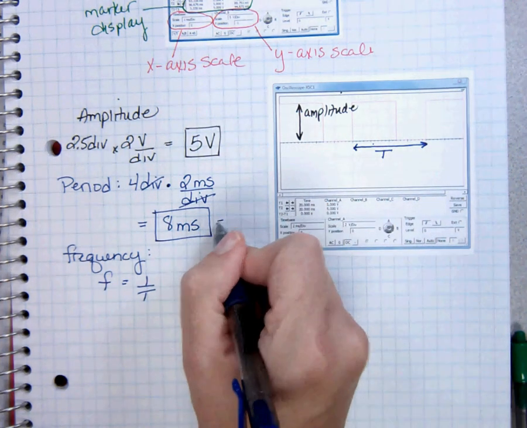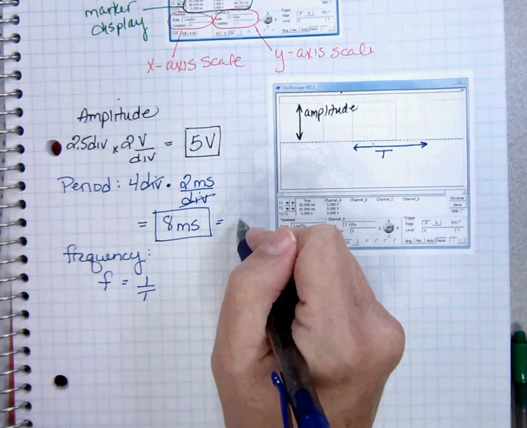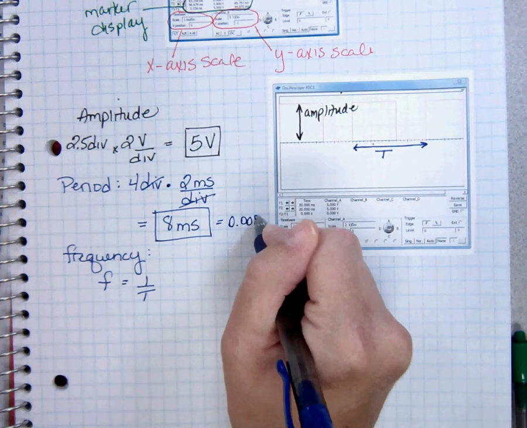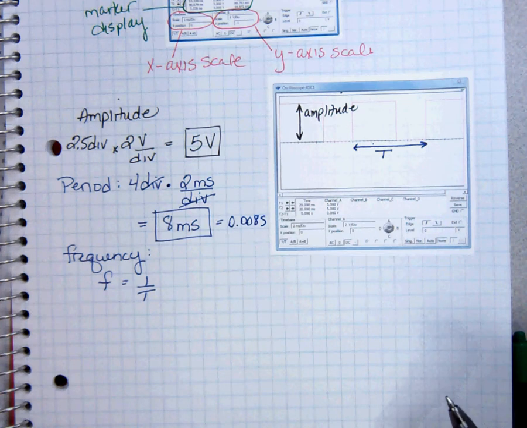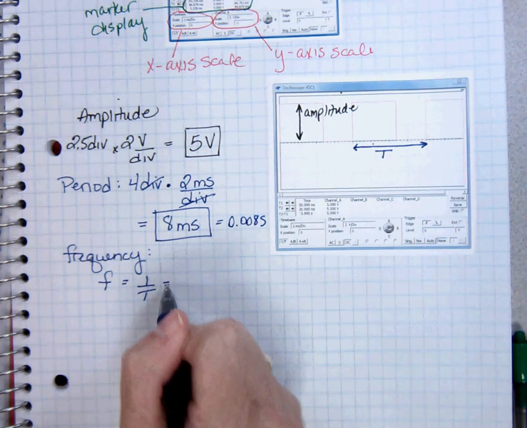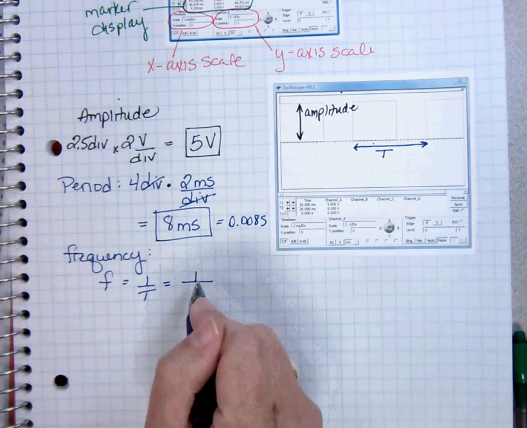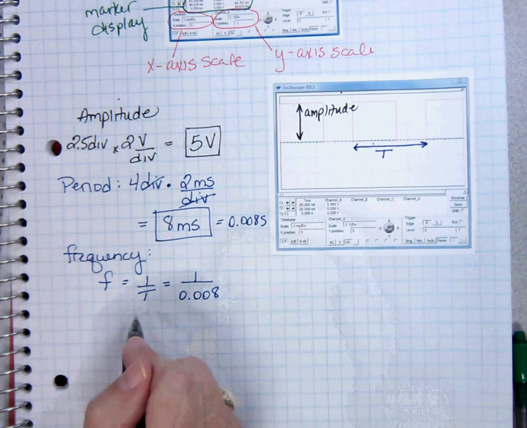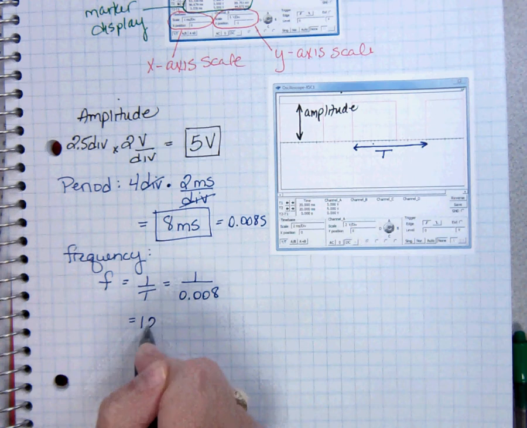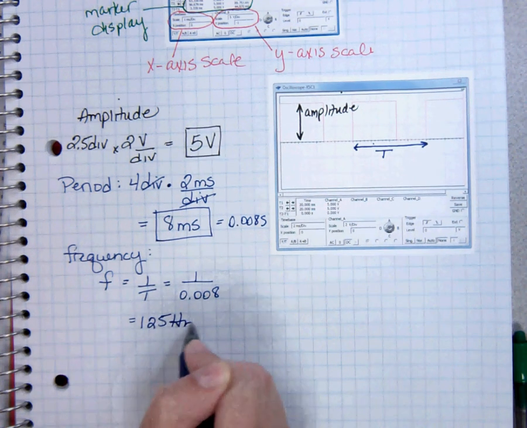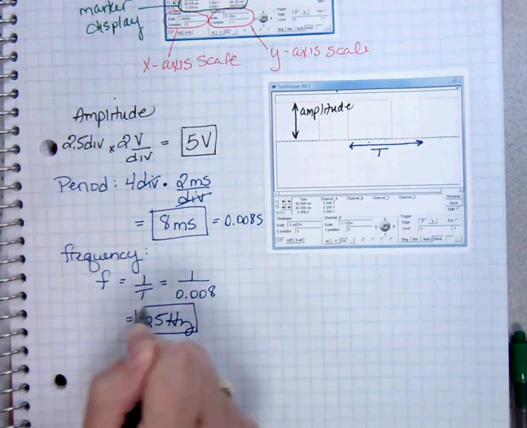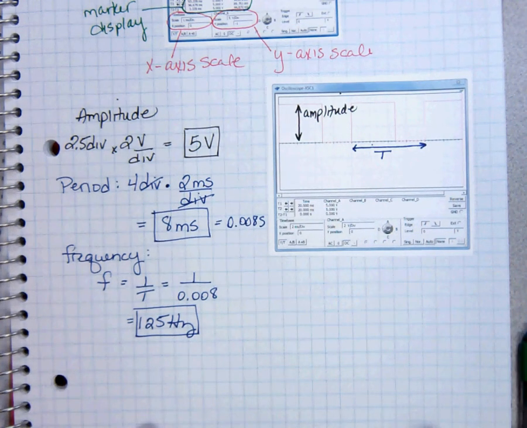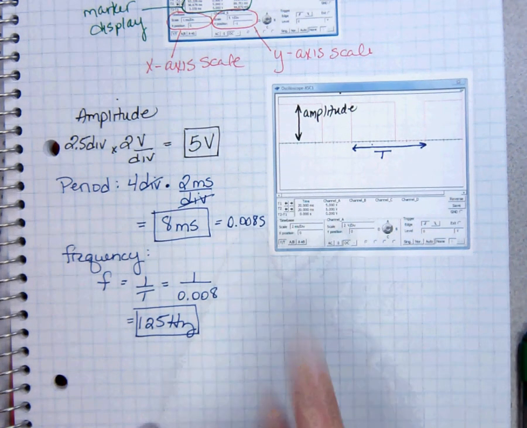Converting milliseconds to seconds gives me 0.008 seconds. So when I calculate frequency, it's 1 divided by 0.008, and my frequency is 125 hertz. Again, hertz is cycles per second, so that's why I need to have my period in terms of seconds.